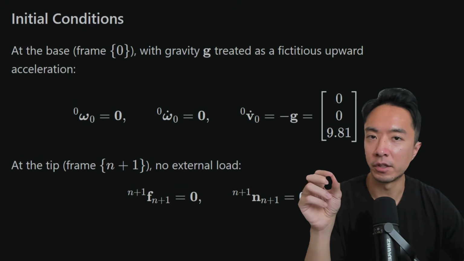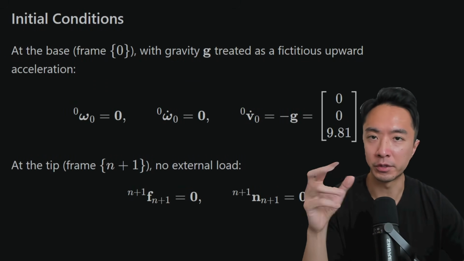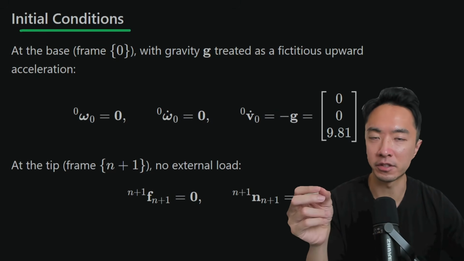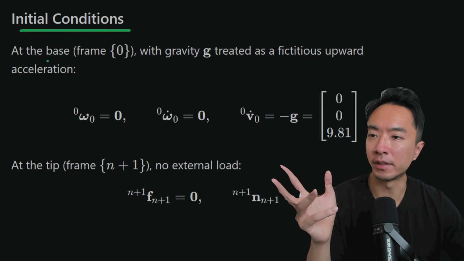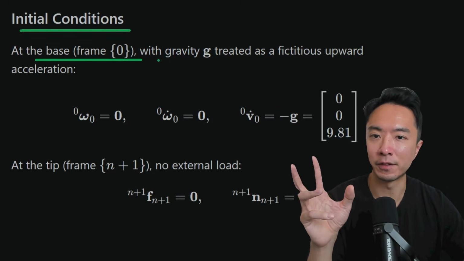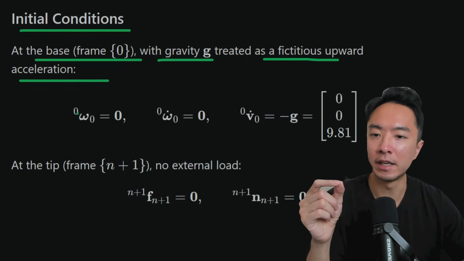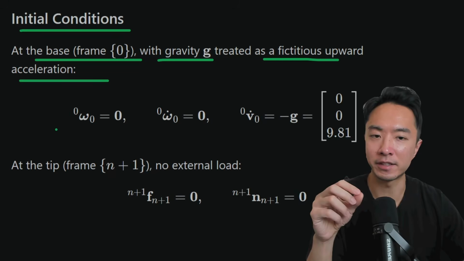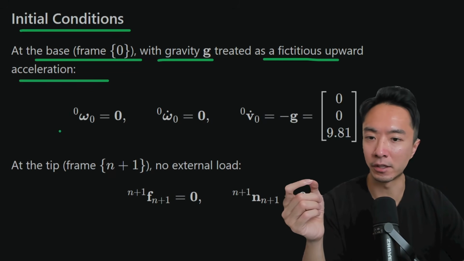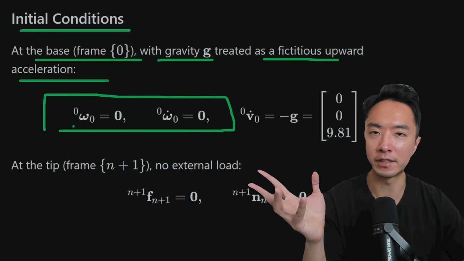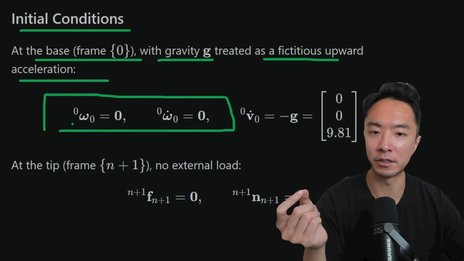So before you can solve the equations for Newton-Euler to get the final torque equation, you have to set up the initial conditions of your robot. So typically at the base frame, you're going to have a gravity vector and some fictitious upward acceleration. And you want to define your velocities and accelerations. So here we're going to assume these will be 0. So your angular velocity and your angular acceleration.